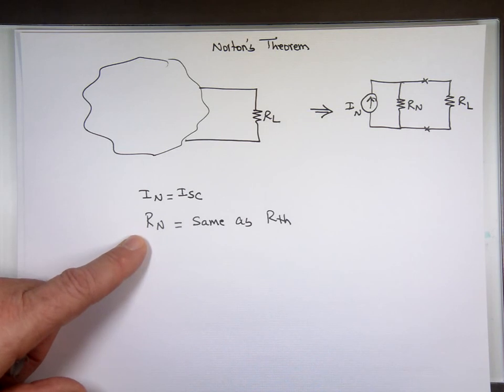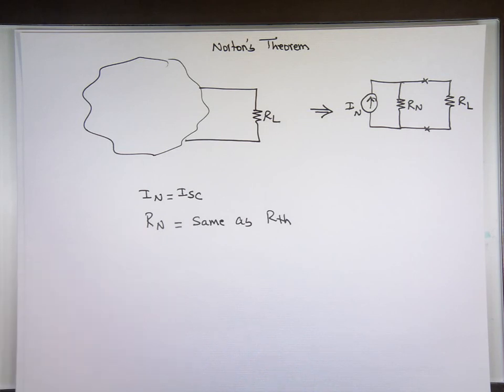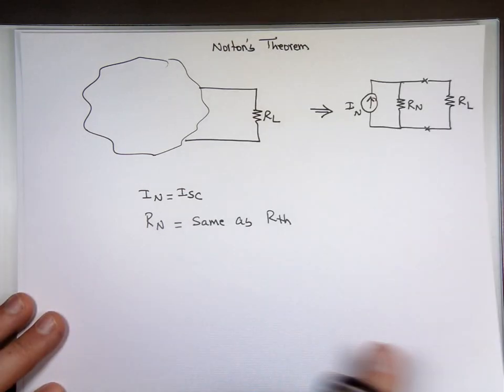The same way we did Thevenin, we'll use those techniques to find R Norton. So there's really a relationship between Norton and Thevenin. It's actually source transformation for those people who cover that topic. So I'll show you the relationship.